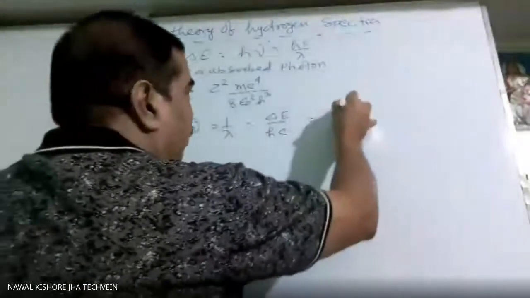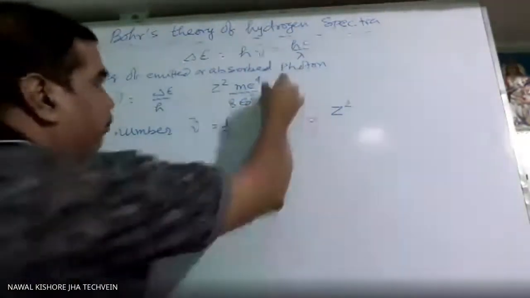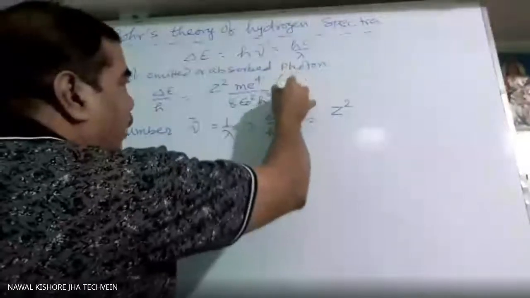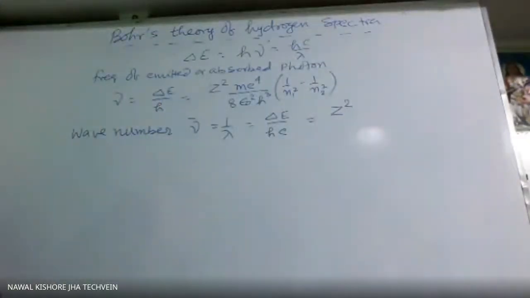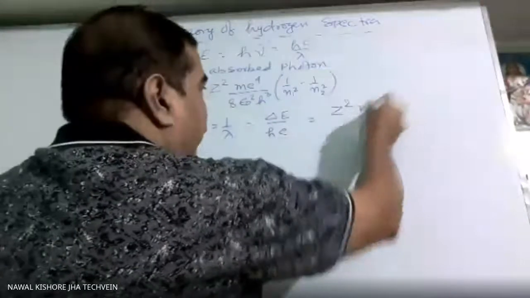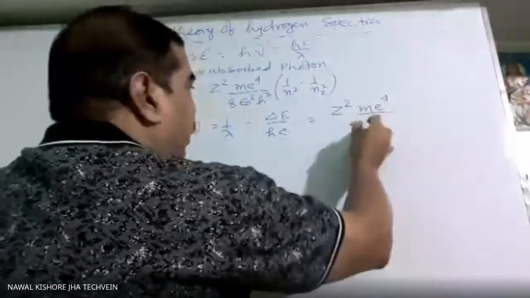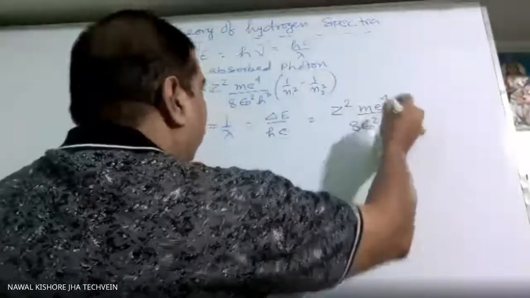So it is Z square, big mistake here, 1 by N1 square minus 1 by N2 square will also come. That we forgot. So Z square Me4 over 8 epsilon naught square CH cube.